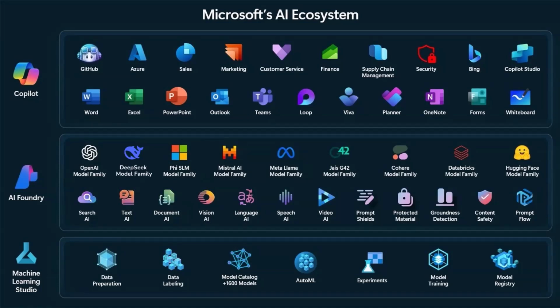They have the Phi model family, Mistral AI, Meta Llama AI, Hugging Face AI. So whatever the 11,000 models are available, they are in Azure AI Foundry itself. Microsoft even has its own AI services as well: Azure AI Search, Text AI, Document AI, Vision AI, Speech AI, Video AI, Prompt AI. Every AI-based thing they have, we have under one roof, one platform.